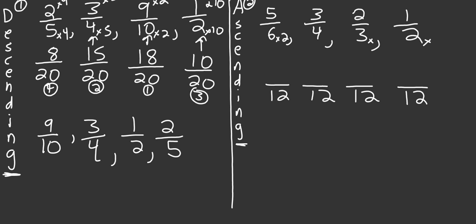So 6 we're going to multiply by 2 to get to 12. 4 we're going to multiply by 3 to get to 12. 3 we're going to multiply by 4 to get to 12. And 2 we're going to multiply by 6 to get to 12. So 5 times 2 gives us 10. 3 times 3 is 9. 2 times 4 is 8. 1 times 6 is 6. And this again is in ascending order, meaning from least to greatest.